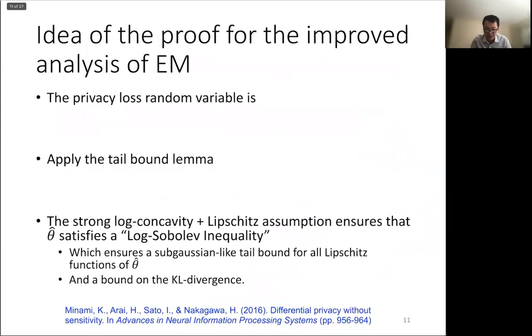I won't be able to cover the proof of this improved analysis of the exponential mechanism in too much detail, but the general idea is based on something we have already learned. The idea is to construct and analyze the privacy loss random variable of this method, and then apply the tail bound lemma that you've seen from the homework.